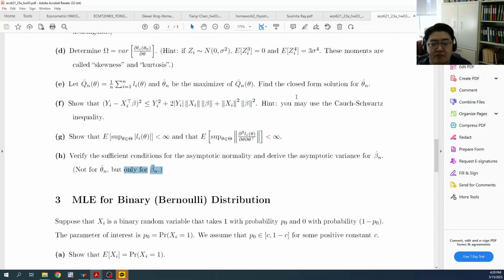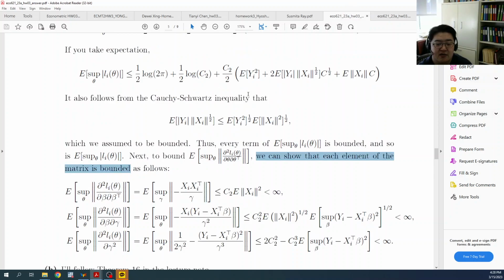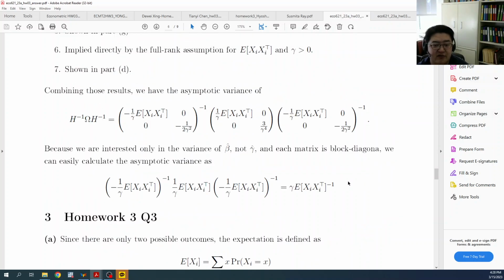So that's why I just ask you to calculate for beta, and that is not a big difference. The only difference is the general one, including beta: the variance matrix for the vector parameters can be written this way, and again block diagonal matrices.